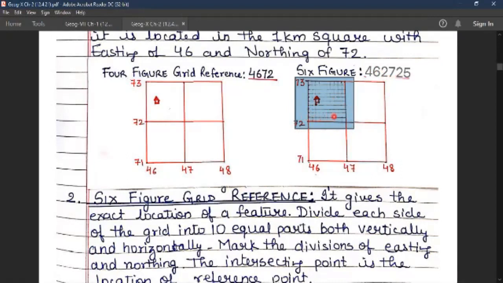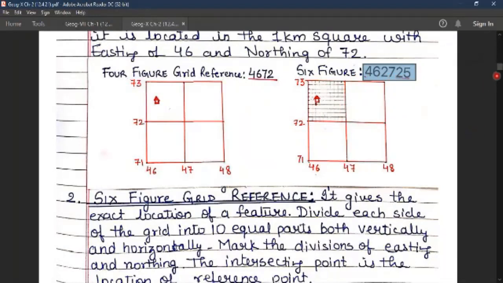Then we further count the horizontal lines, like 1, 2, 3, 4, 5. So here at this point, at the fifth position, lies this particular temple. So the 6-figure grid reference will be 462725, where the first three values are the easting value, then the fourth to sixth values are the northing value. I hope you understand this.